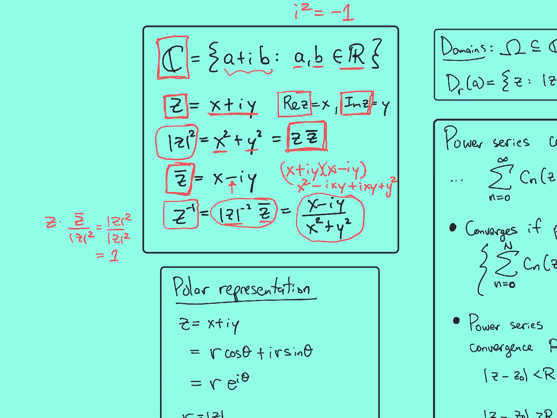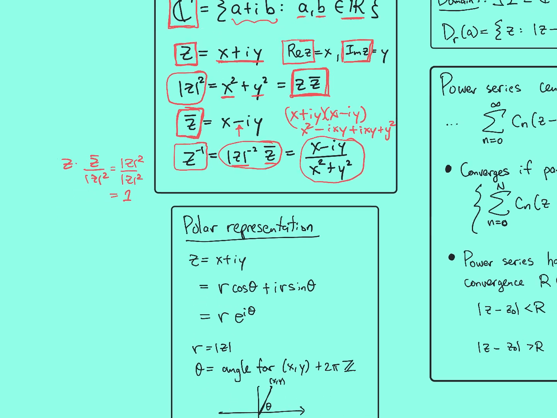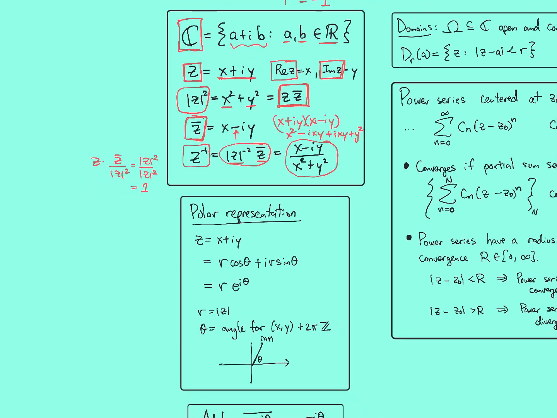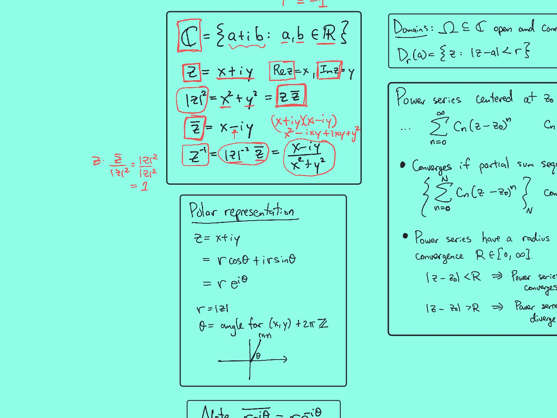Now, the next thing to talk about is that we like to represent complex numbers not as just a plus ib, but we like to use the polar representation. So if z is given by x plus iy, we can use polar coordinates to represent x and y as r cosine theta plus i r sine theta.